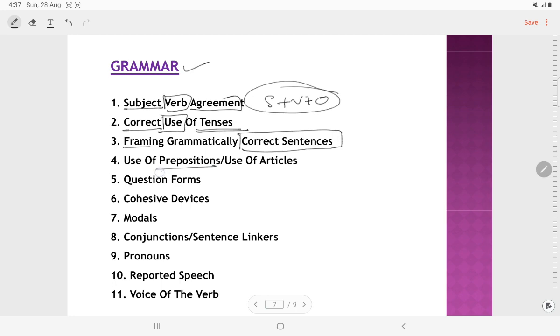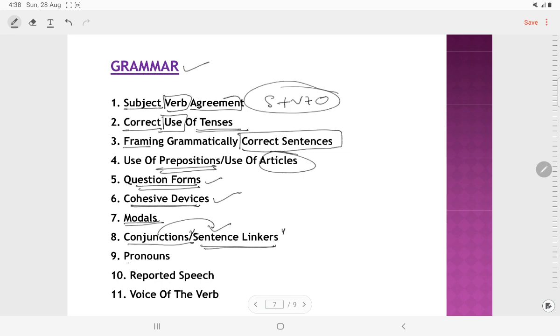So prepositions, articles, question forms, question tags, and WH questions. And cohesive devices, which are very important in descriptive writing. This topic will also be discussed in our coming videos. Next, conjunctions, in other words sentence linkers.